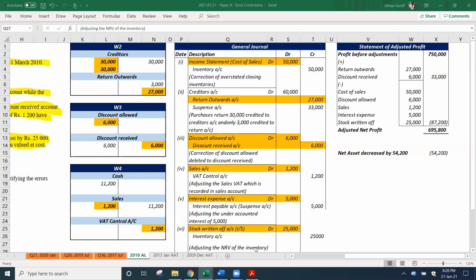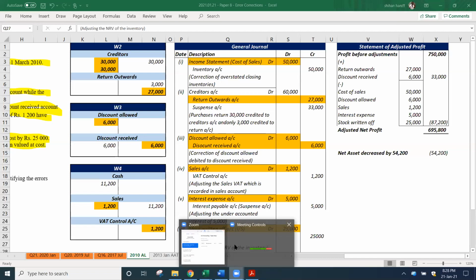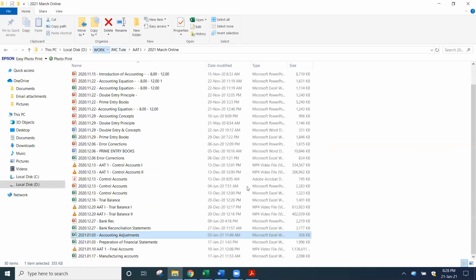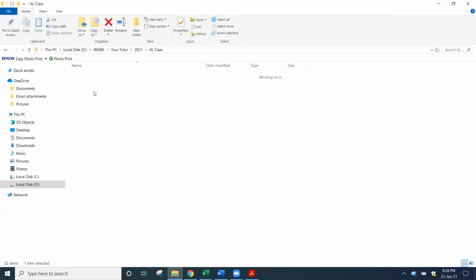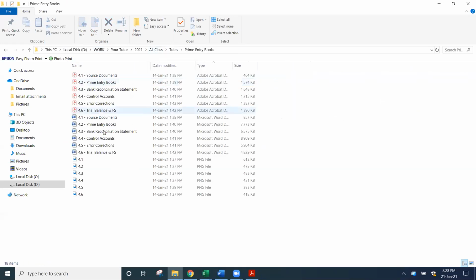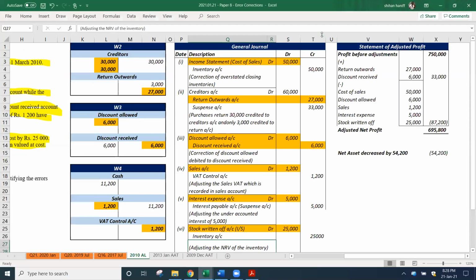So in tomorrow's class, I will discuss a new chapter. I will try to do a few more questions from the error corrections, and after that we can do the trial balance and preparation of financial statements.